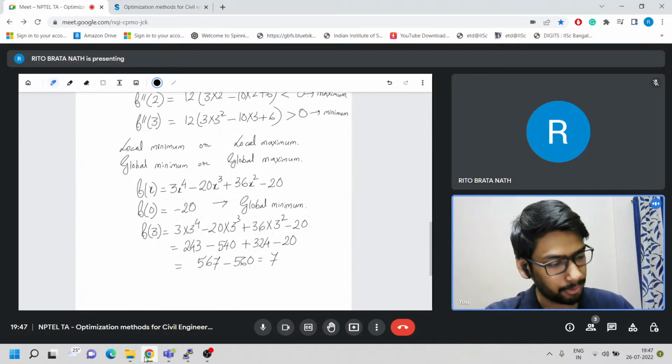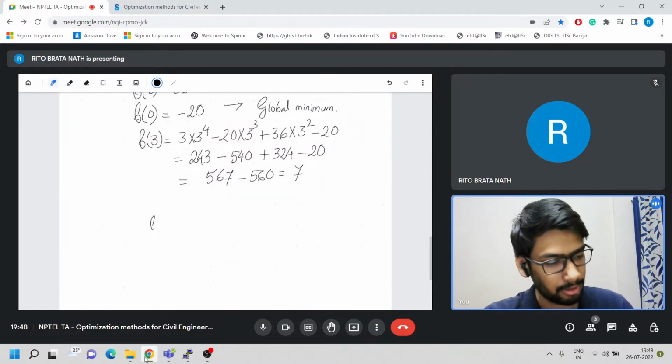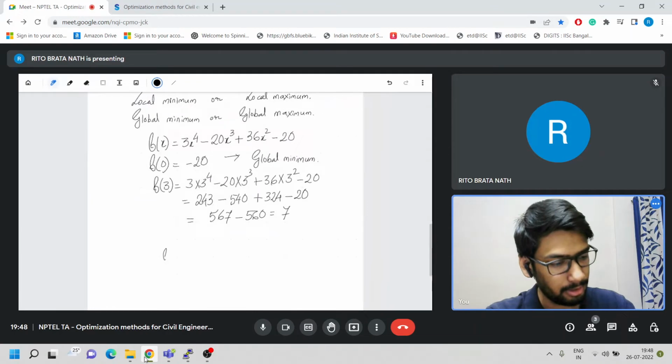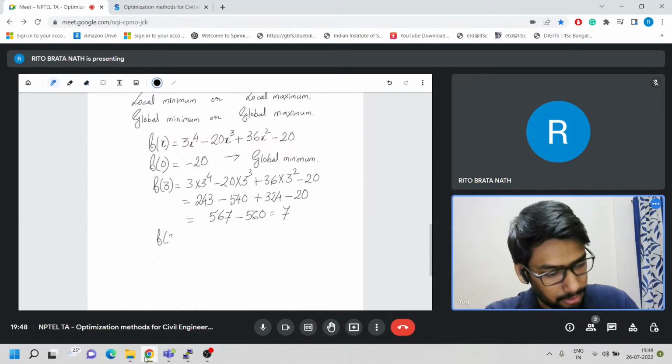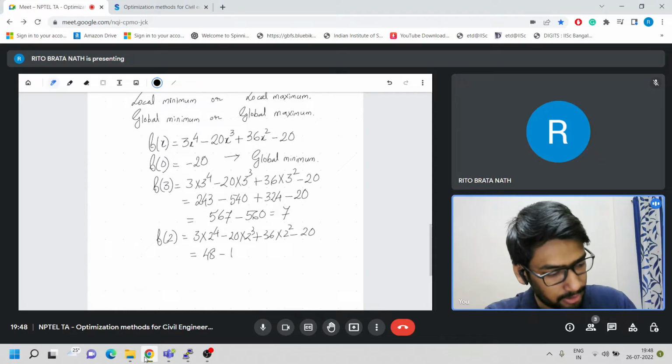And if you put f(2), you will get the maximum of this function. Let me zoom out a bit. So your f(2) will be 3 times 2 to the fourth, minus 20 times 2 cubed, plus 36 times 2 squared, minus 20. So this will be 16 multiplied by 3, that's 48. This will be 8 times 20, 160.